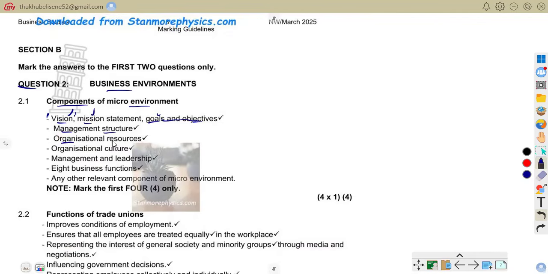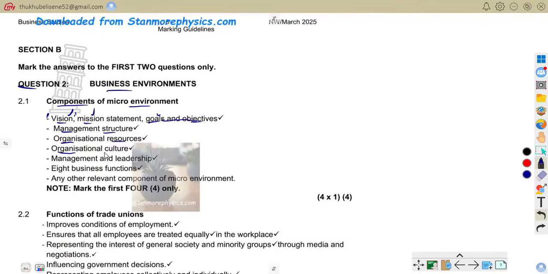Then we also have organizational resources as a component of the microenvironment. These are the assets and resources used by the business to operate effectively. For example, resources include money, machinery, employees, and raw materials. Those are the resources that we're talking about.